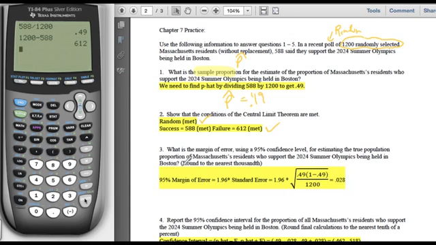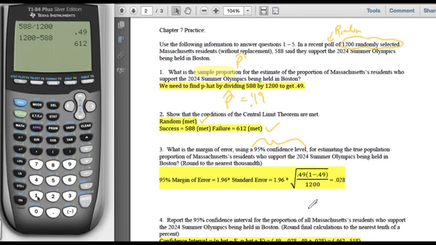The third step in a confidence interval, and the third question here, what is the margin of error using a 95% confidence level? So a 95% margin of error is 1.96 times the standard error. You'll get this formula on the test. You don't have to memorize this. You'll be given the z-critical value. You can enter this in all at one time, and you should get 0.028.